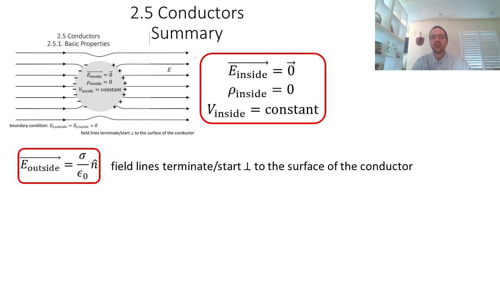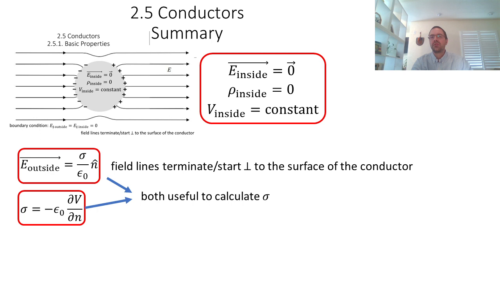This means that the field lines terminate or start perpendicular to the surface of a conductor. We also saw that sigma is equal to minus epsilon naught dV dn. And both of these can be useful to calculate the surface charge density sigma, if you know the electric field or if you know the electric potential.